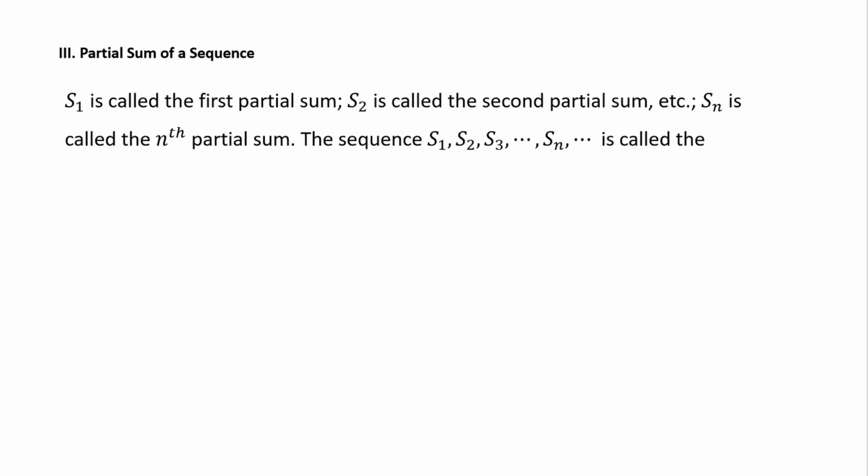S sub 1 is called the first partial sum. S sub 2 is called the second partial sum, etc. S sub n is called the nth partial sum. The sequence S sub 1, S sub 2, S sub 3, and so on, S sub n, and so on, is called the sequence of partial sums.